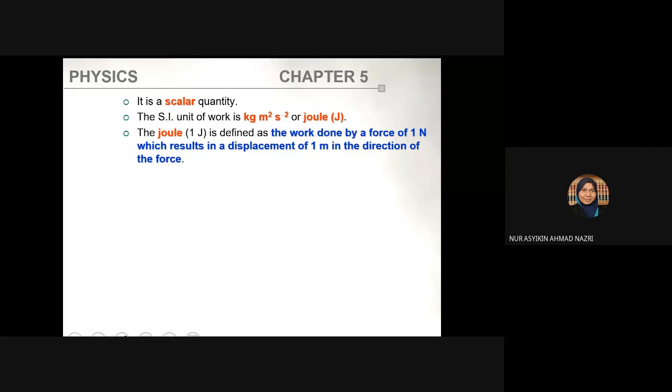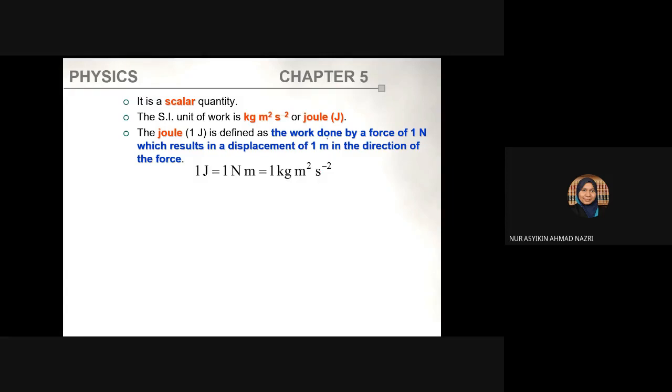Define lah 2 joule as the work done by a force of 2 Newton, which results in a displacement of 2 meter in the direction of the force. Kalau orang tanya apa maksud 2 joule tu kan. So yang ni macam ulang balik di equation je sebenarnya, alright.